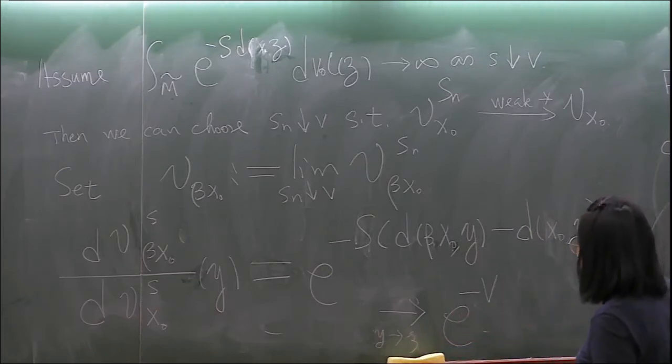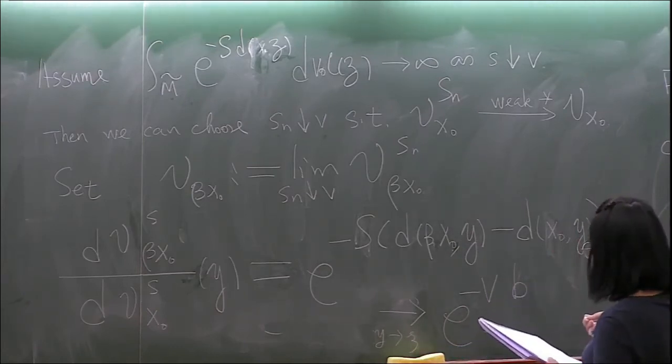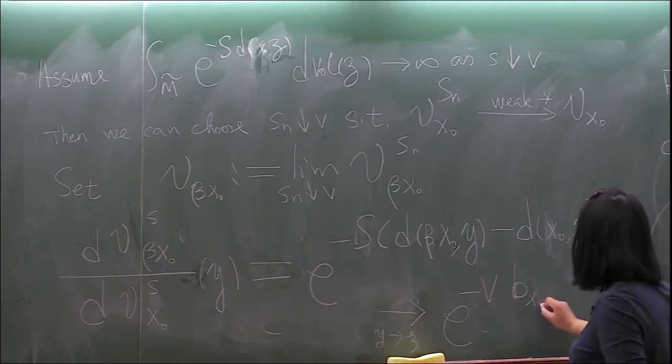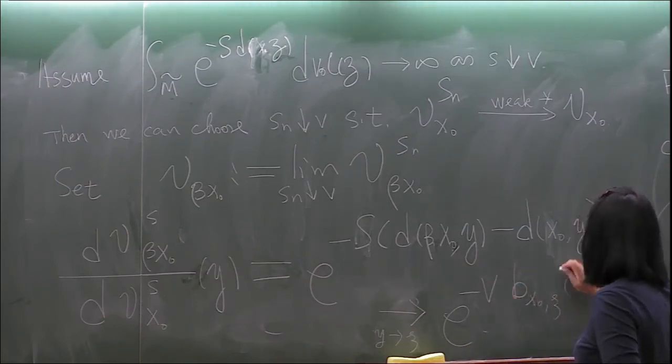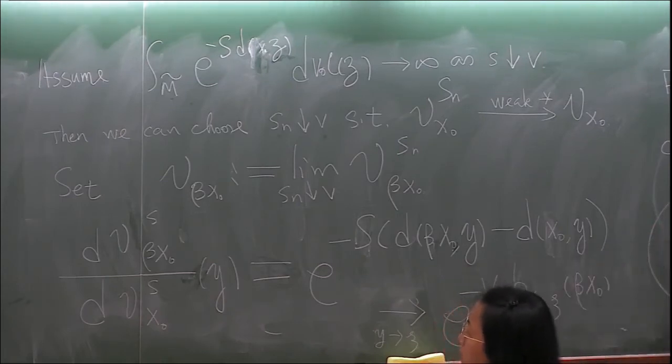So this is the Busemann function at x naught of beta x naught. So that's what we want, this Patterson-Sullivan measure.